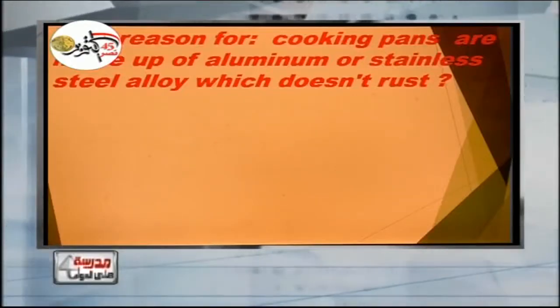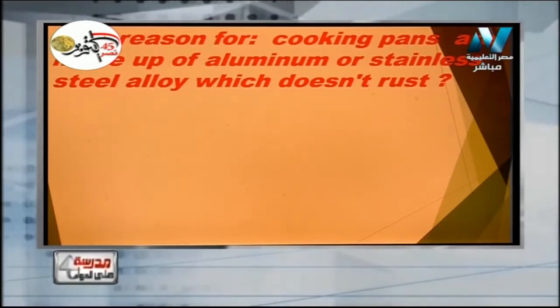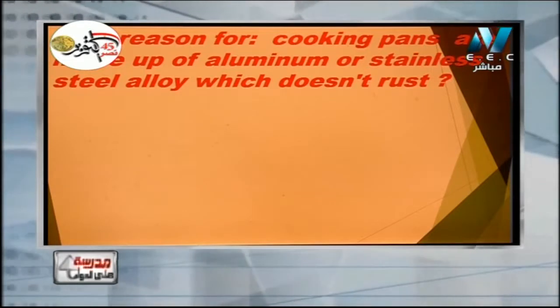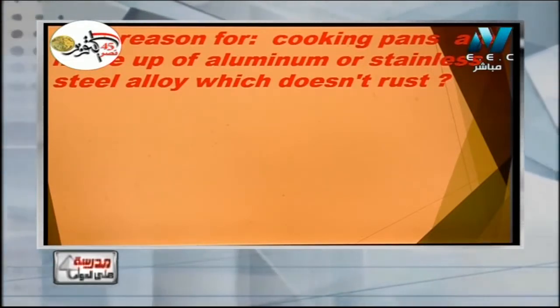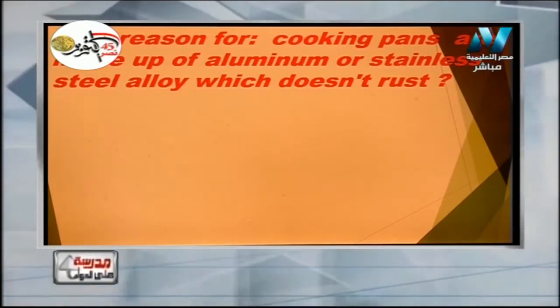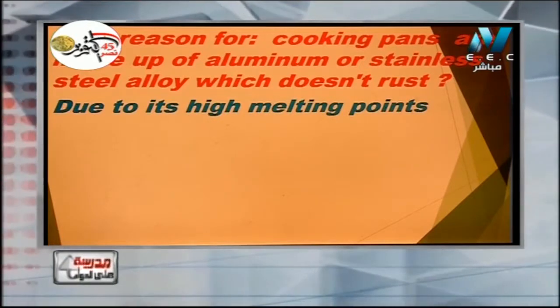This question says, give reason for: cooking pans are made of aluminum or stainless steel alloy, which doesn't rust. The reason for making cooking utensils from aluminum is its high melting point.